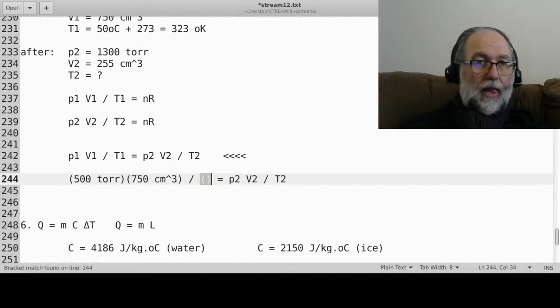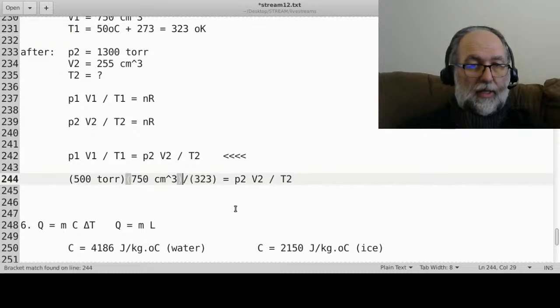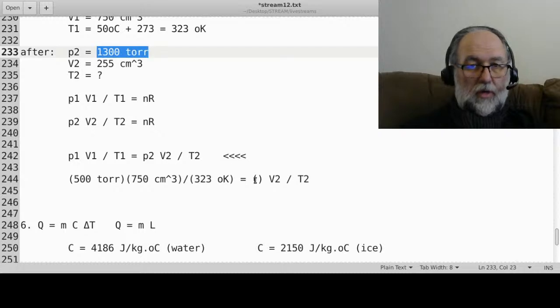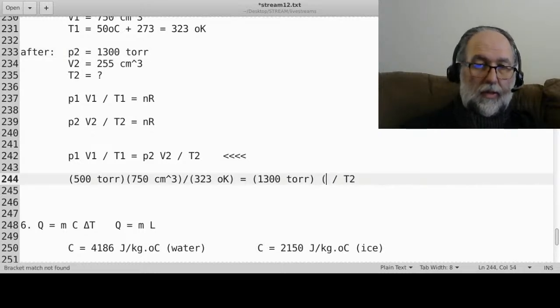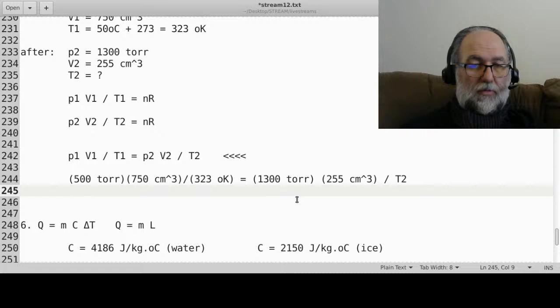T1 was 323 Kelvin. P2 is going to be 1,300 torr. V2 is going to be 255. And T2, that's our unknown.